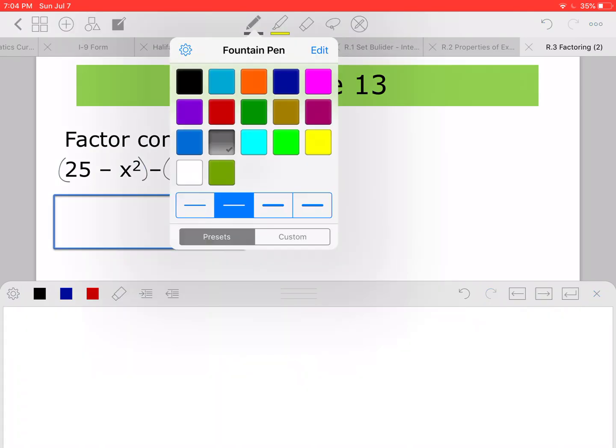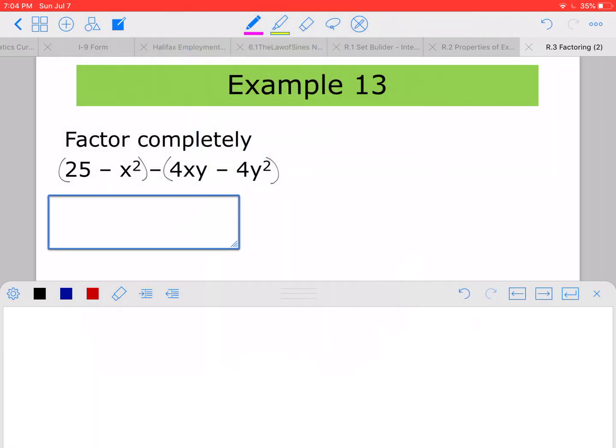So let's see. I'm trying to think of what we should do with this, because there's not anything we can take out of the first pair.